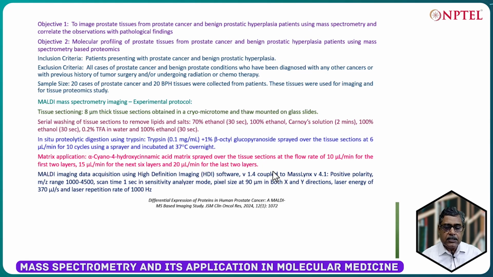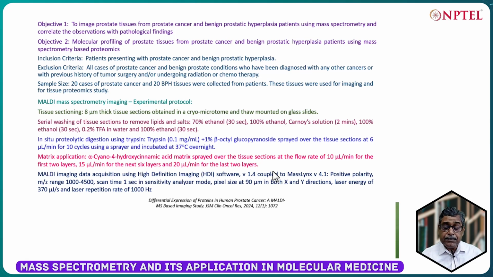Here sensitivity is more important than very high resolution, because when we are looking at peptides of 1000 plus or minus, 1000 to 2000 Dalton, if the mass accuracy at the second decimal point is good enough, we are more interested in sensitivity, so you pick up the very low intensity peaks also.